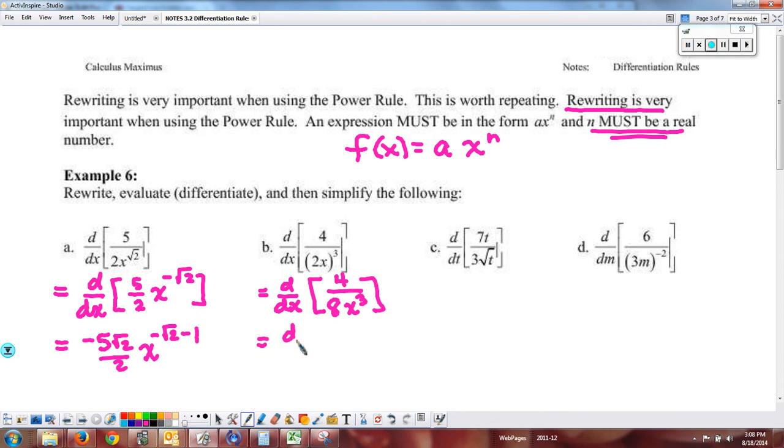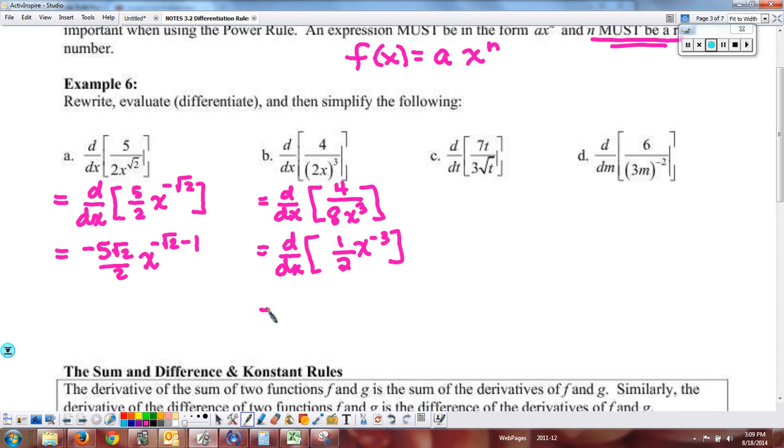And then I should simplify early, simplify often. This ends up being 1/2, 4 over 8, x to the -3. Now I have it in the form that I need to take the derivative. Now I perform the verb, take the derivative of this, you multiply, and be careful, subtract 1 from a negative number would give you -4.